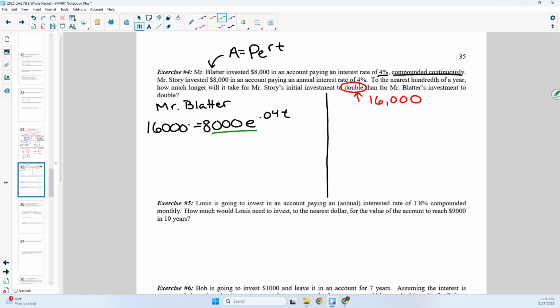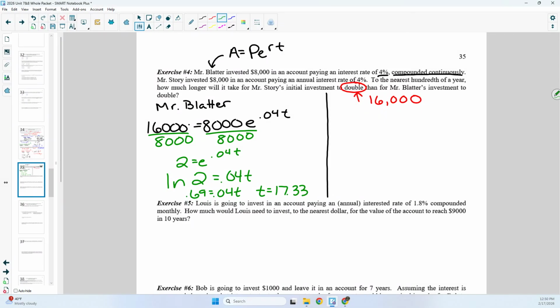So going through our solving, divide by 8,000, I get 2 equals e to the 0.04 t. I see that my log is going to be base e, so I call it ln. So the ln of 2 is 0.04 t. Typing in ln of 2, I get 0.69 equals 0.04 t, and then when I divide by 0.04, that's going to give me 17.33 years.